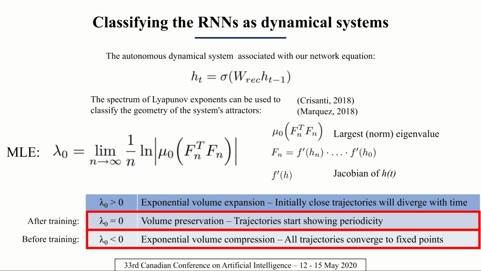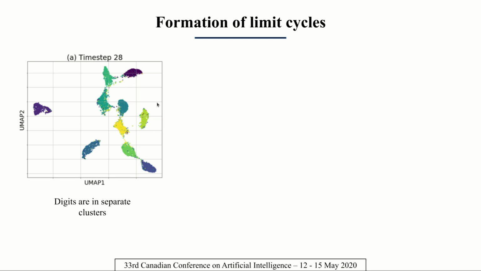If we try to further look into this and classify these limit cycles to see what they look like, we can look at the UMAP representations of the internal states, where the digits are in separate clusters at time step 28, as was shown in the t-SNE images.